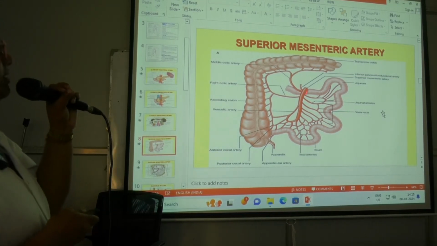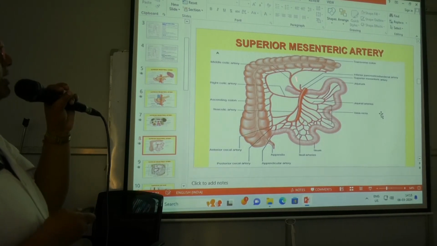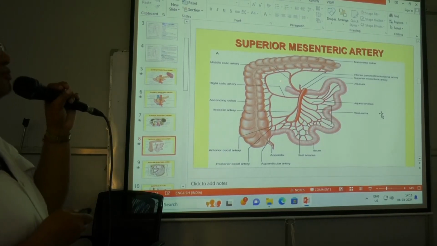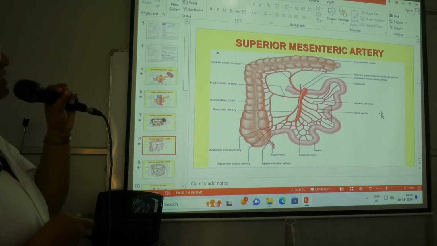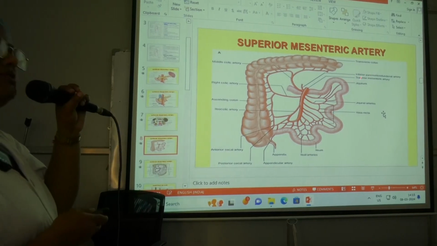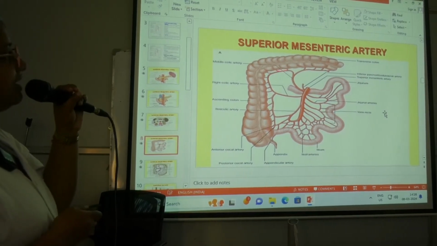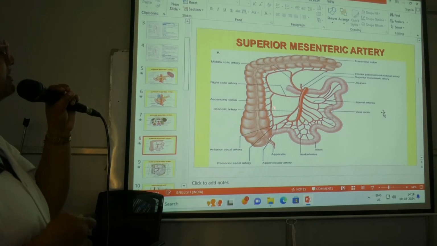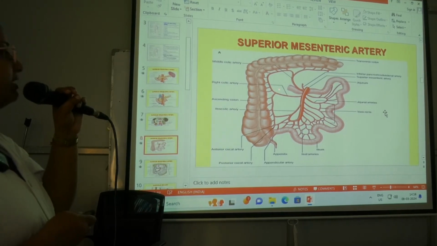Now you see this middle colic artery, it is again divided into two branches, one right branch, one left branch. The left branch anastomoses with the ascending branch of the left colic, and this right branch anastomoses with the ascending branch of the right colic artery.